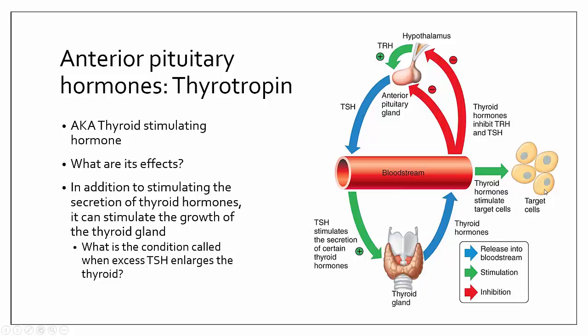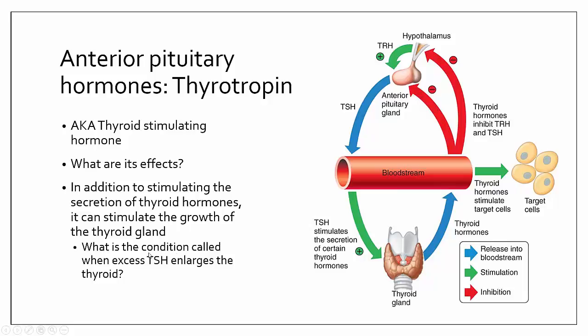We'll talk about that more in a little bit. And this increase in thyroid hormone levels inhibits the hypothalamus and the anterior pituitary gland from secreting more TRH and more TSH. So if these levels go up, this gets inhibited, so the levels drop, and then they're not inhibited anymore, and it's just a big, beautiful negative feedback circle.